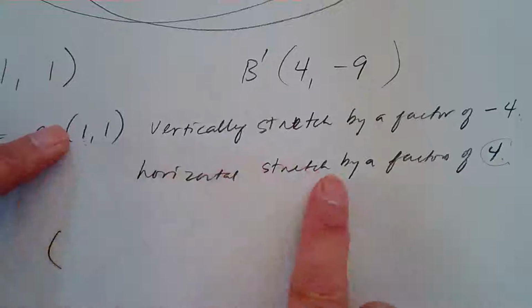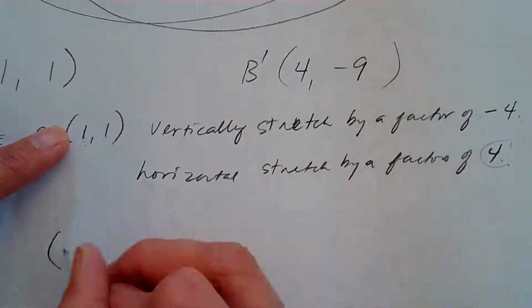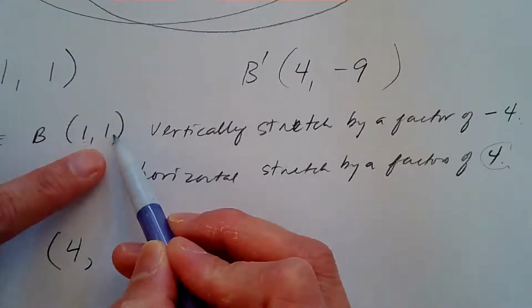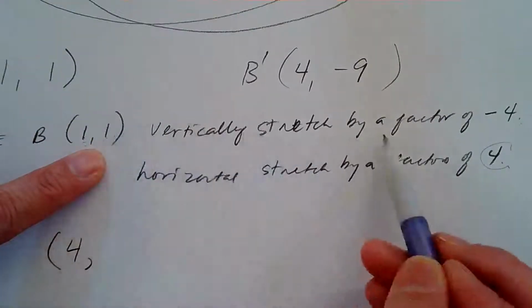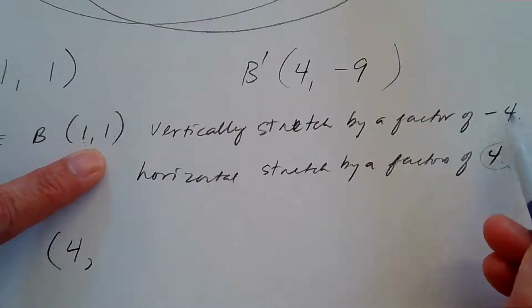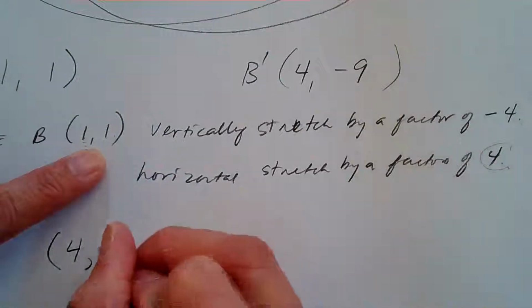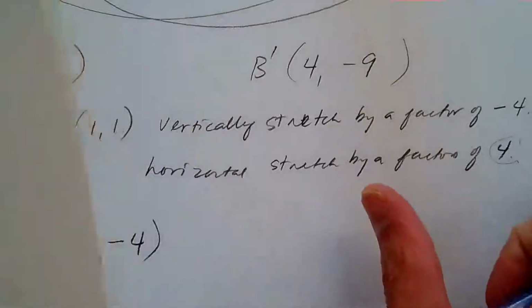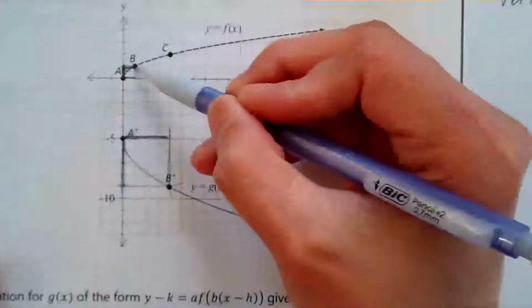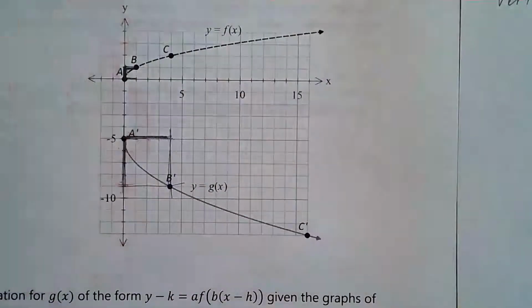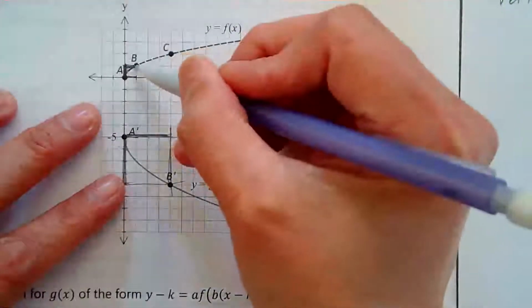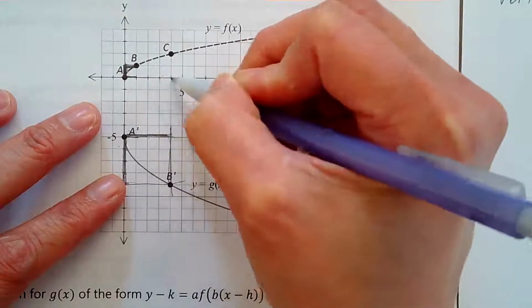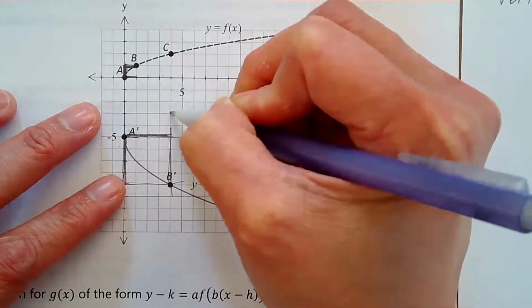The x is horizontally stretched by a factor of 4, so this is going to be 4. And then the y is vertically stretched by 4, and then negative. So after B has been stretched horizontally and vertically and reflected, it should be at 4, -4. 1, 2, 3, 4. 1, 2, 3, 4.